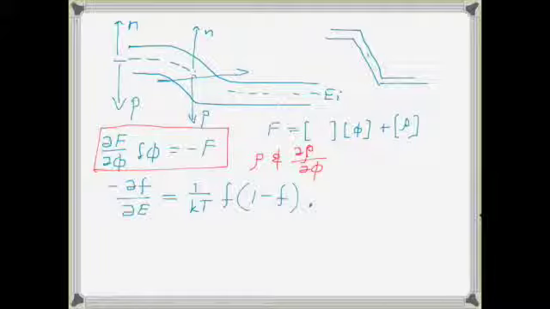If you're doing this integral, you've already evaluated f to get n and p. So you have the value for f already, and you just multiply by 1 minus f divided by kT, and you get negative df de. So it's almost no work whatsoever to do this extra calculation to get dn d phi and dp d phi, which goes into that Jacobian. This is a really nice thing to remember.